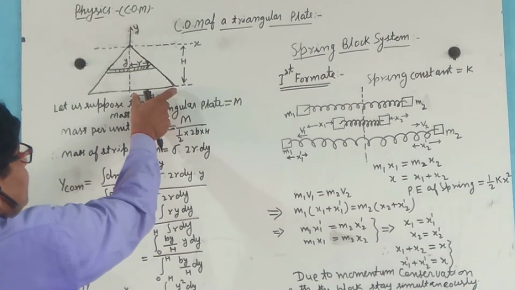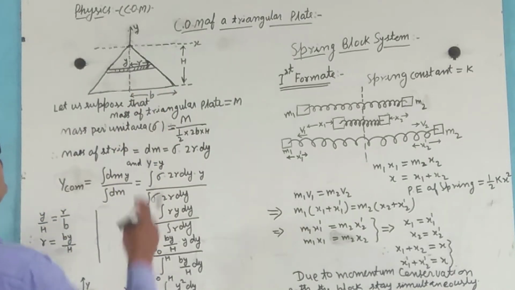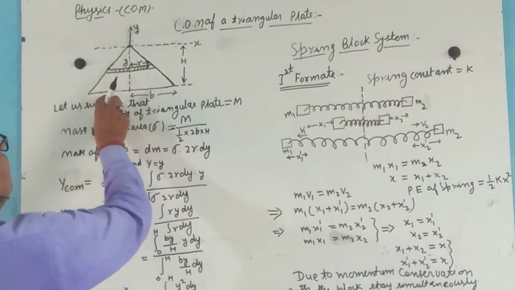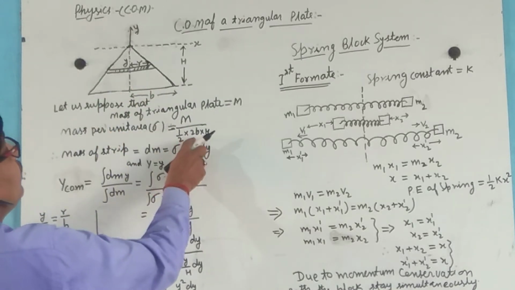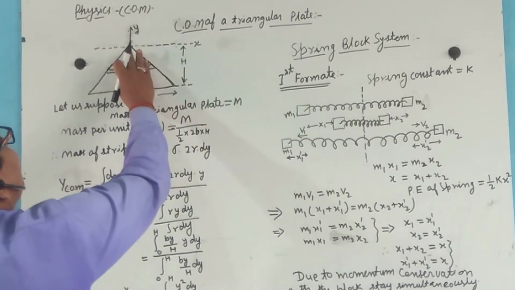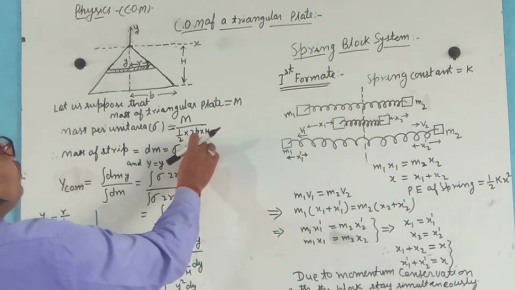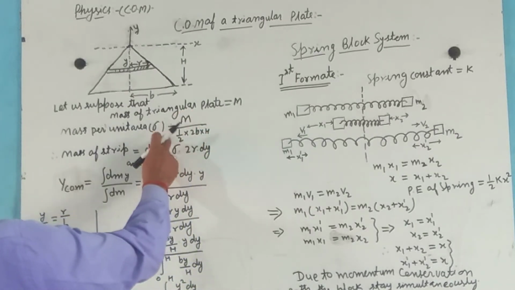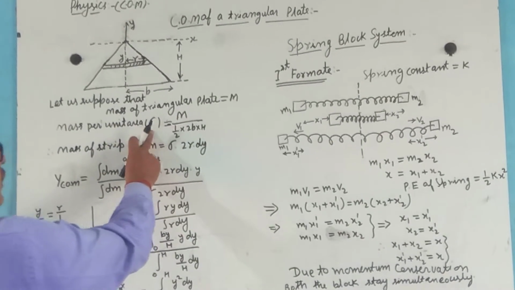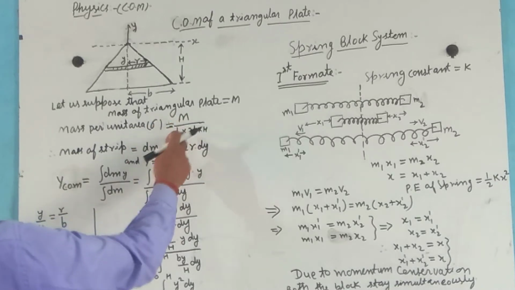This distance is b, so the base is 2b, and the area is 1/2 into 2b into height. The mass per unit area is denoted by sigma, equal to M divided by this area.